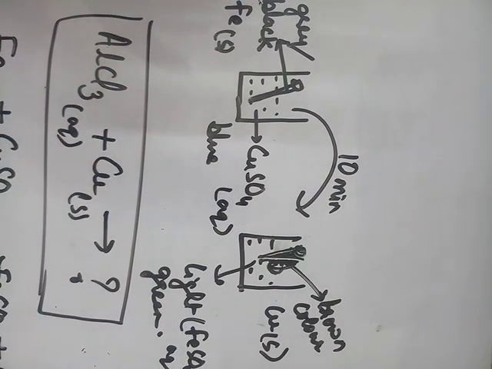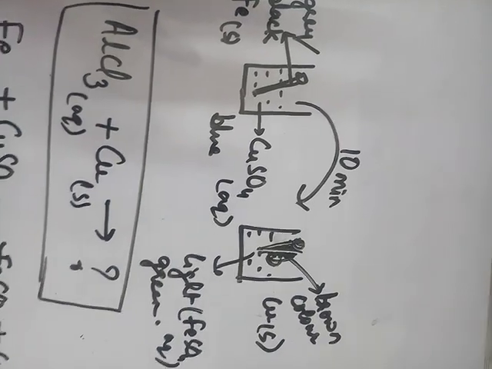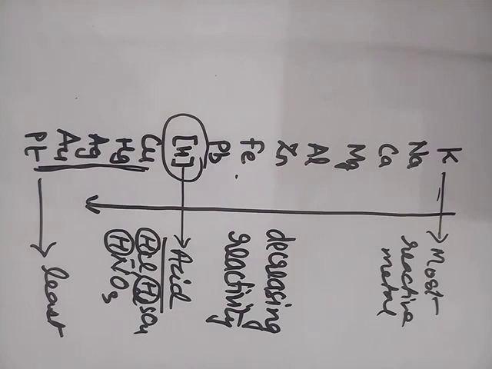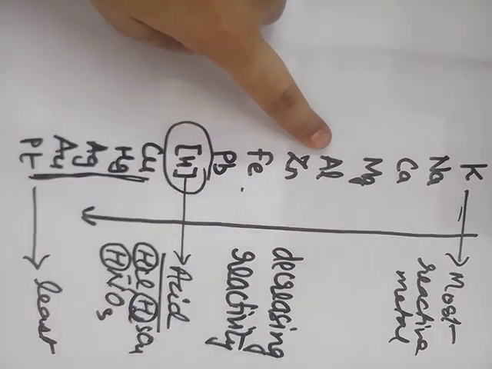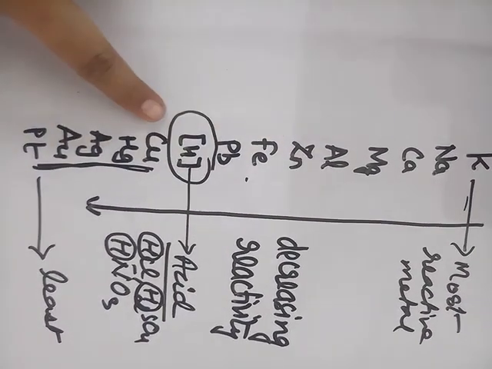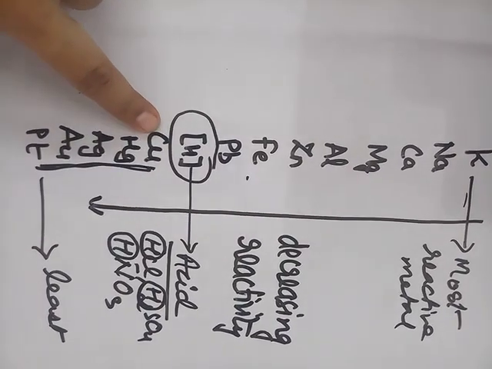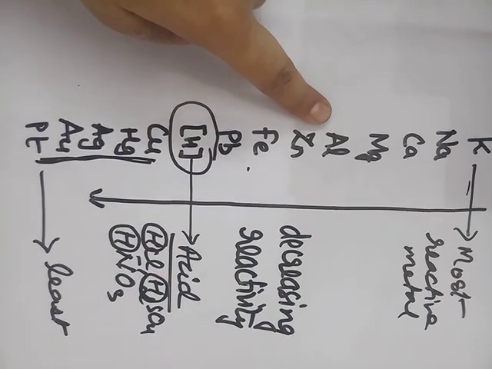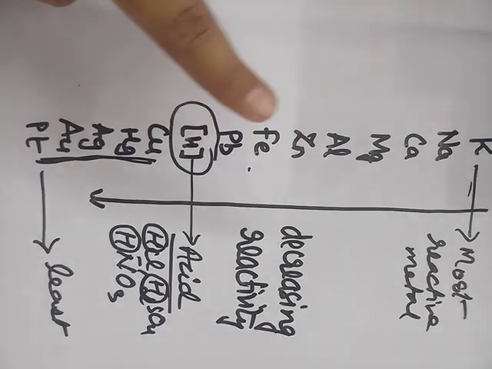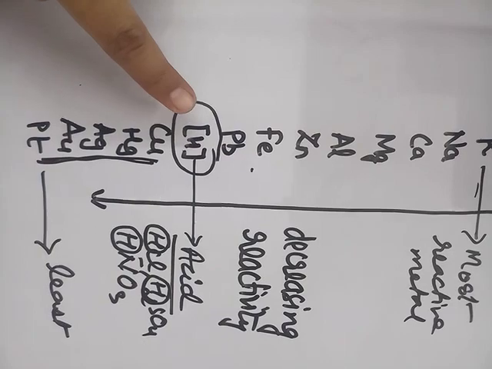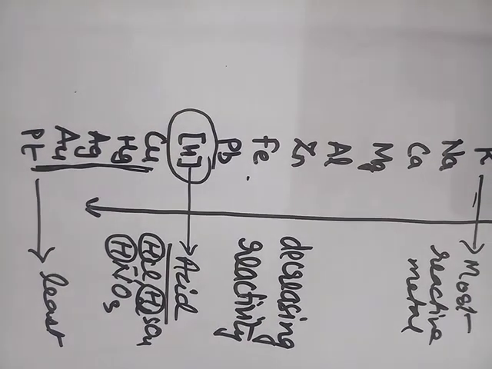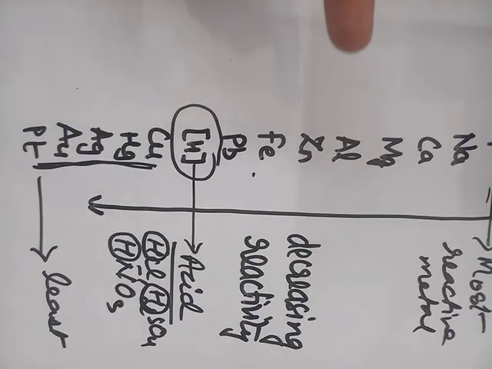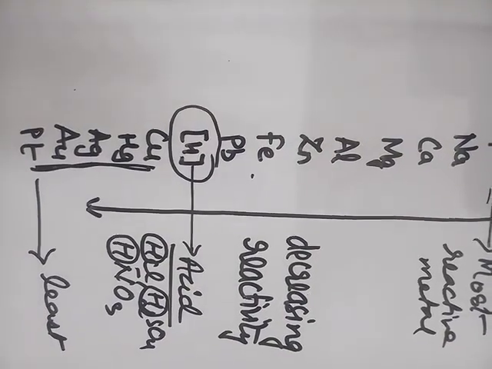Now we have to check this. For this, we have to again refer to the reactivity series. In the reactivity series, aluminum is placed here and copper is placed here. Copper is much less reactive as compared to aluminum. The rule says that the more reactive metal will displace a less reactive metal, and vice versa is not possible. Copper, a less reactive metal, cannot displace a more reactive metal, which is aluminum.